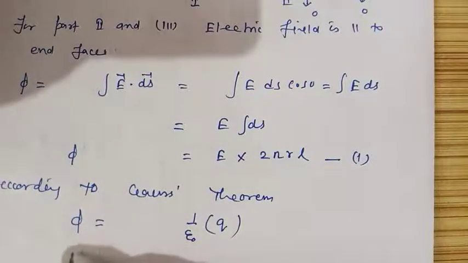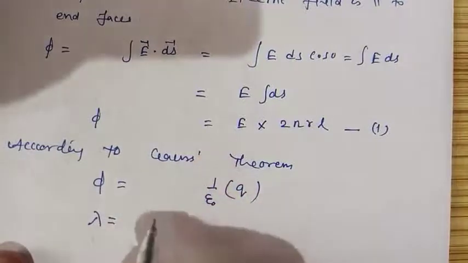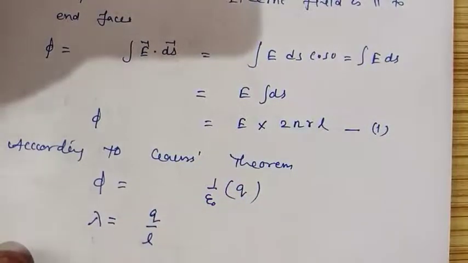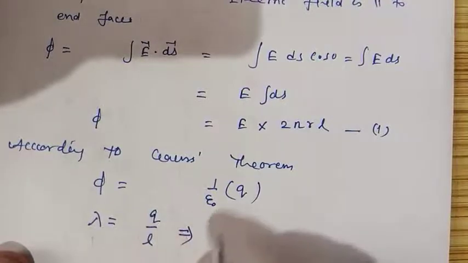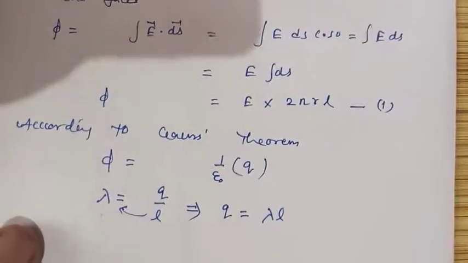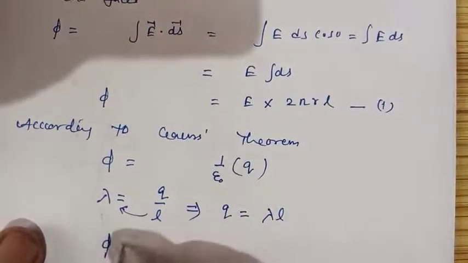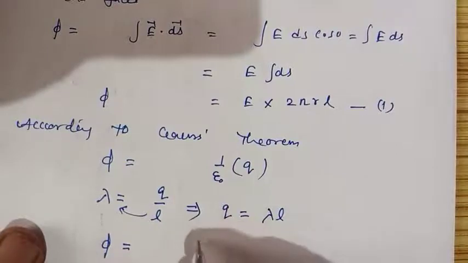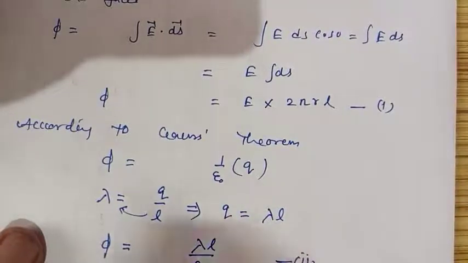Also, we have taken the linear charge density, that is lambda, which is charge per unit length. So Q equals lambda into L. So your Gauss theorem comes to be lambda L over epsilon 0. This is the second equation.